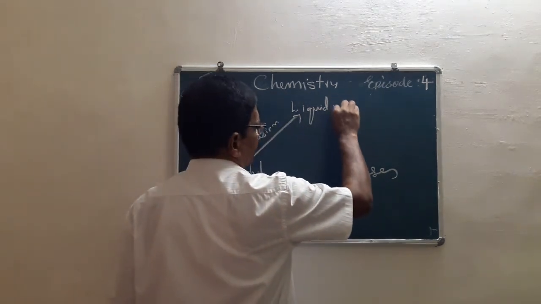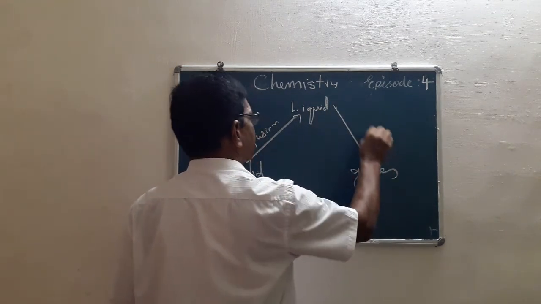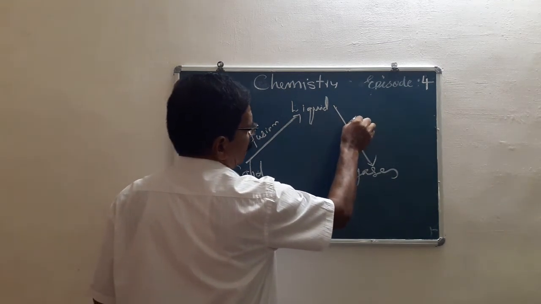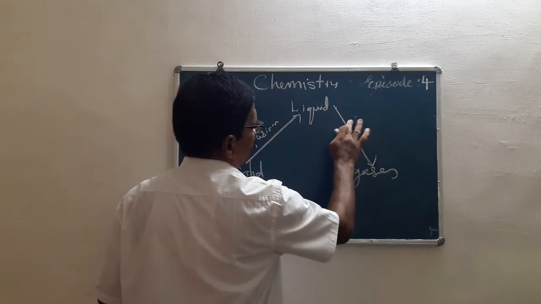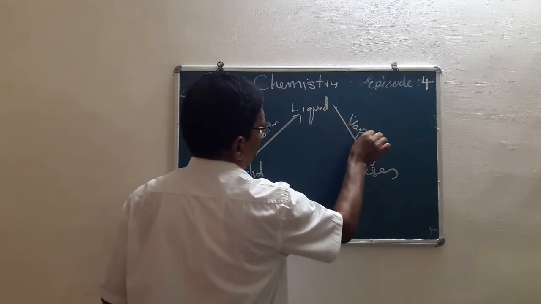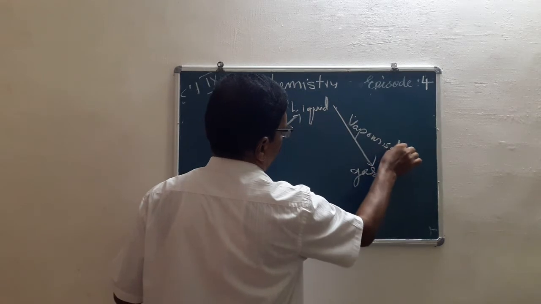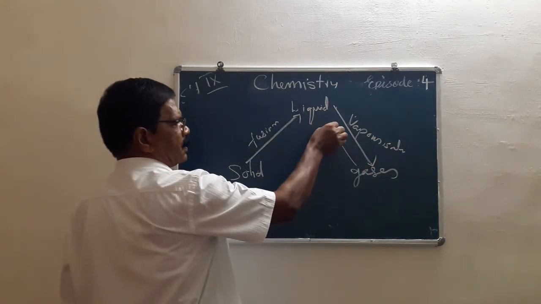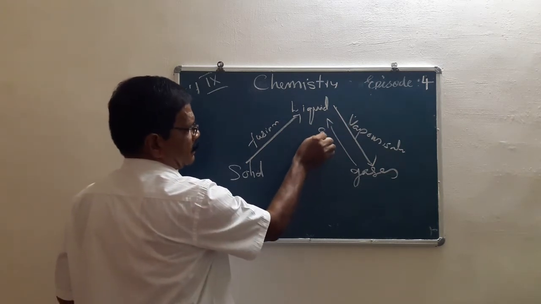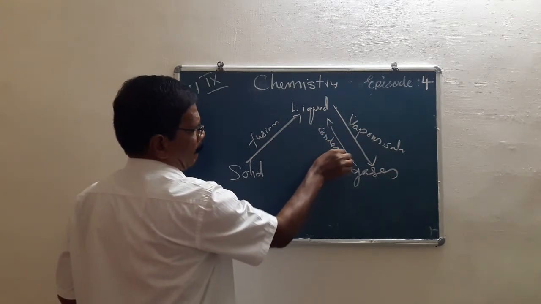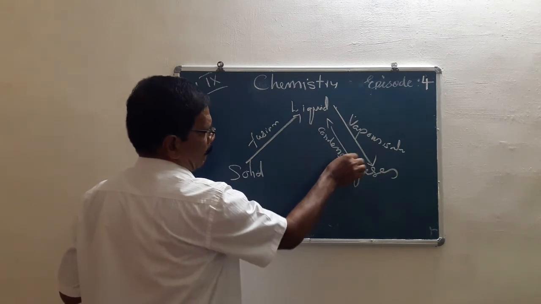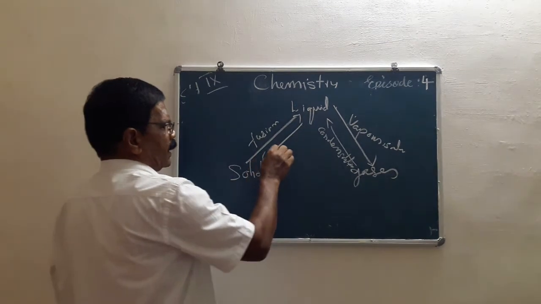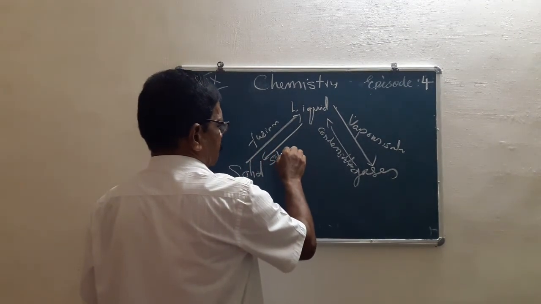Liquid on heating changes to gas. That is called boiling or vaporization. On cooling, gaseous state to liquid is known as condensation. On cooling, liquid changes to solid, which is known as solidification.